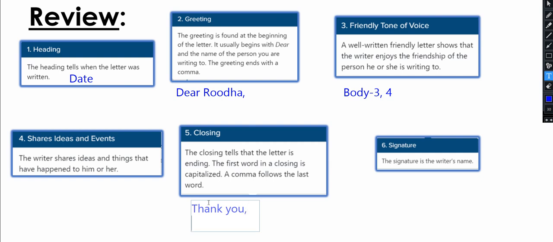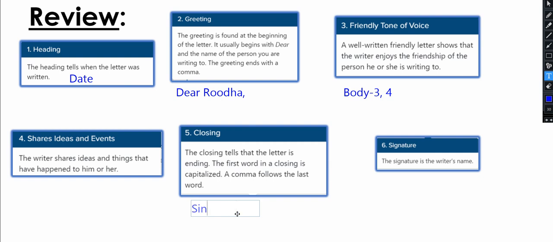Then I go down and I write my name. So that will be the closing and the signature. I can use another closing. I can say sincerely, comma, and you notice I started with a capital and I end with a comma.